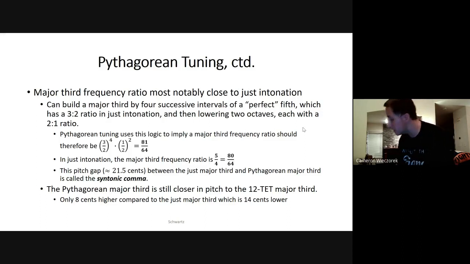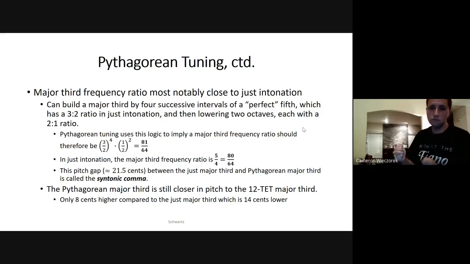Another perfect fifth would be A. And then the last one, my 4th round, I'm at A, I go up 7 semitones, a perfect fifth, I go to E. So I started at C, went up 4 perfect fifths, and ended up at E, way up here. The last thing I have to do is lower it 2 octaves. So down 1, down 2. And then I play them together.